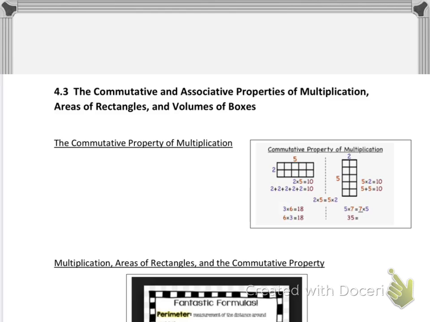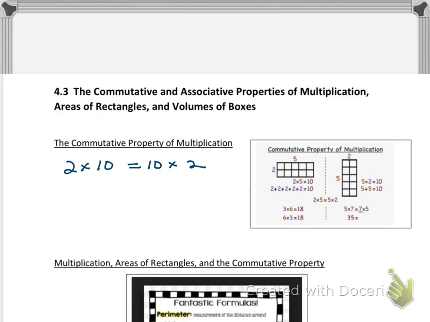Okay, in 4.3, they start talking about some of the properties of multiplication, and they tie it with areas of rectangles and volumes of boxes. Okay, so the commutative property of multiplication. I give you some examples here, but another example that I can talk through would be if you wanted to illustrate commutative property, you can say 2 times 10 is the same as, reverse the order, 10 times 2.